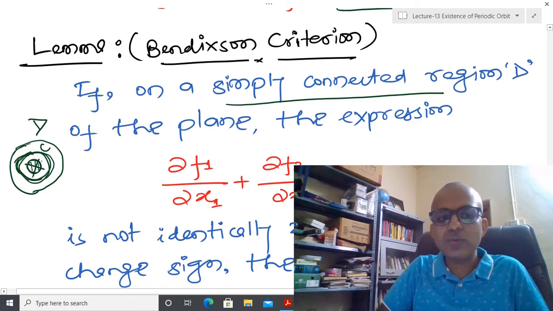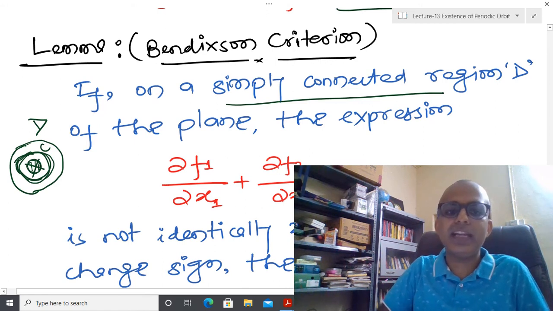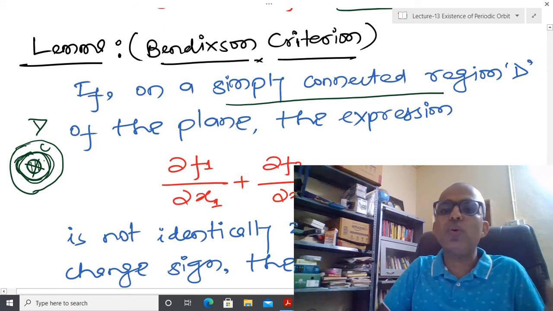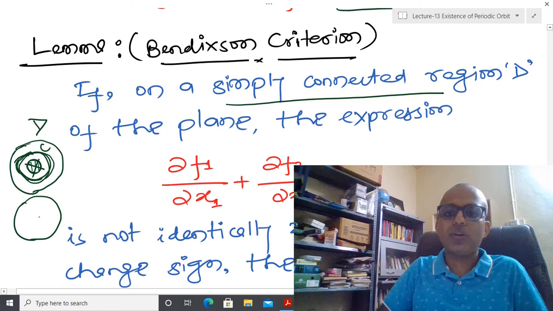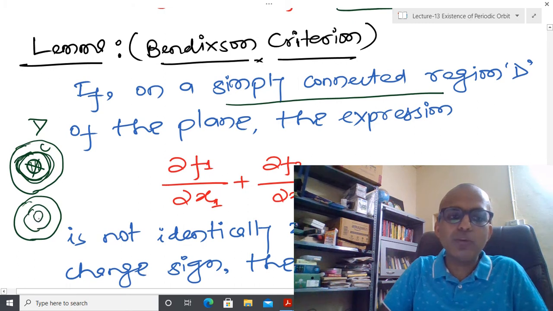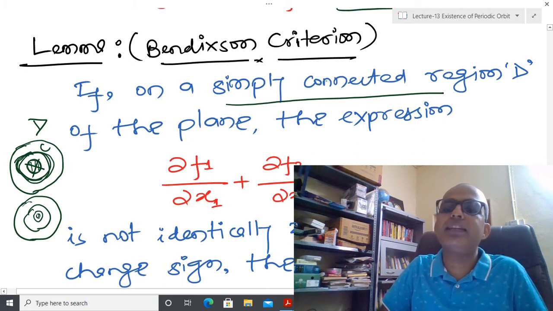The Poincaré-Bendixson criteria considers this kind of situation, but whenever we apply the Bendixson criteria to ignore the possibility of a periodic orbit, we assume that whatever region I consider does not have any hole. Intuitively we are avoiding the hole. Whatever closed regions I make, none have a hole. That is the meaning of simply connected region.